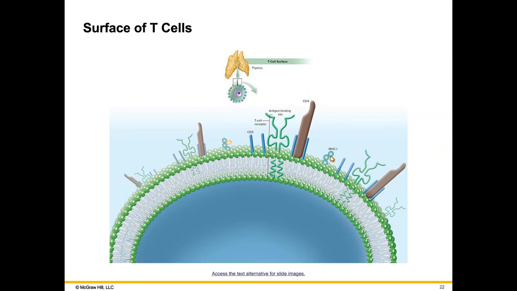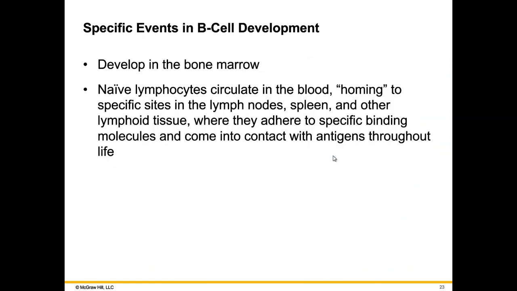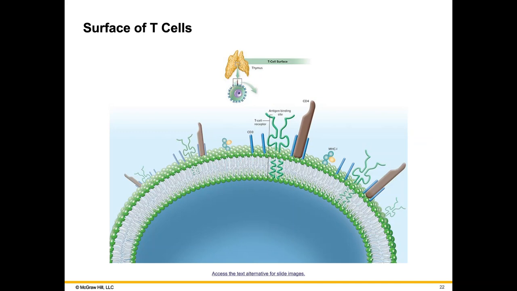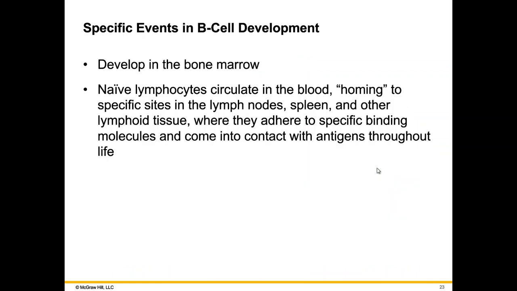And so utilizing these CD3, CD4 markers, as well as the MHC complex, it's going to attach to some kind of antigen that it can detect. Let me also remind you, since this is a CD4 marker, this is going to be a T helper cell. This could have been a CD8 marker, and if that were the case, it would have been a cytotoxic T cell.